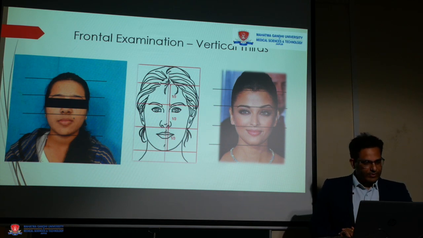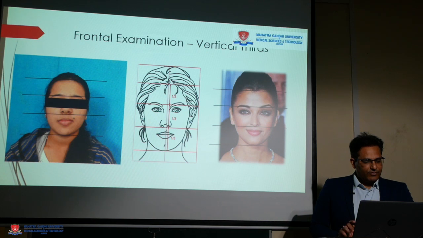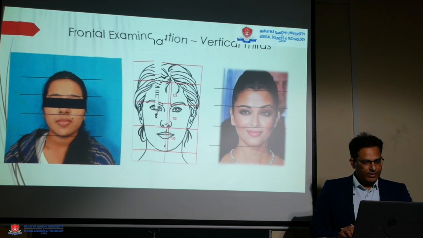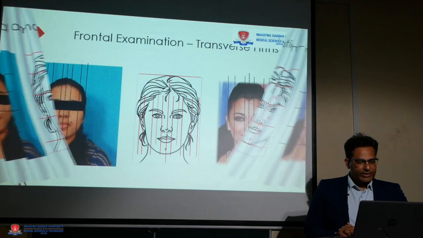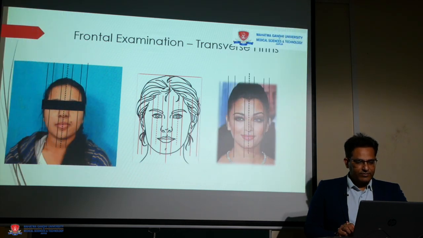In the frontal view, we check the symmetry of the patient's face. Four horizontal lines divide the face in equal thirds: upper third, middle third and lower third. The face is also divided vertically by five vertical lines, which divide the face into equal transverse fifths.